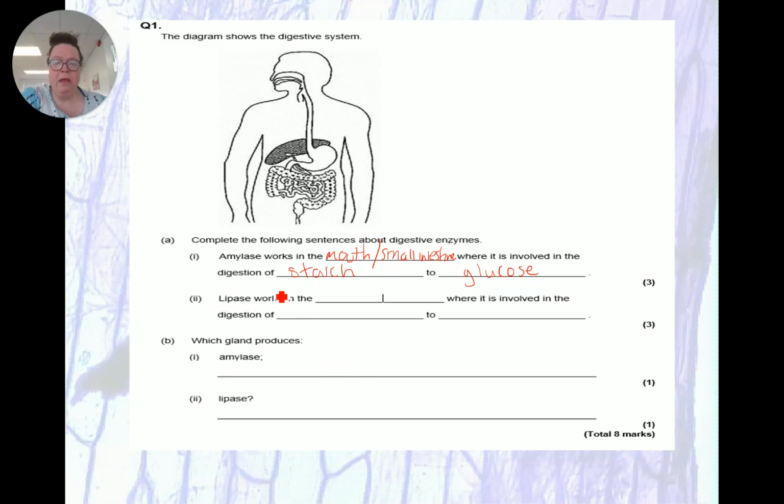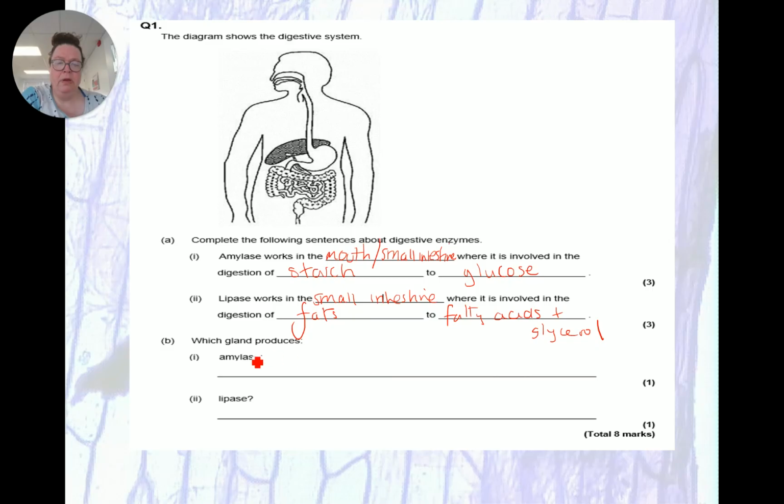Right, lipase works in the something where it is involved in the digestion of something to something. Lipase works in the small intestine where it is involved in the digestion of fats to fatty acids and glycerol.